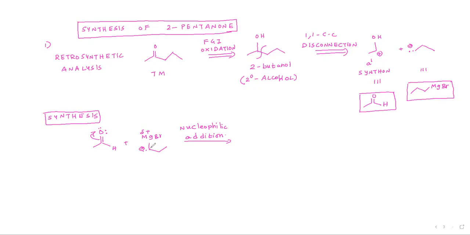And then, so this is CH3CH(O minus)CH2CH2CH3, MgBr plus. This is a new CC bond formed.